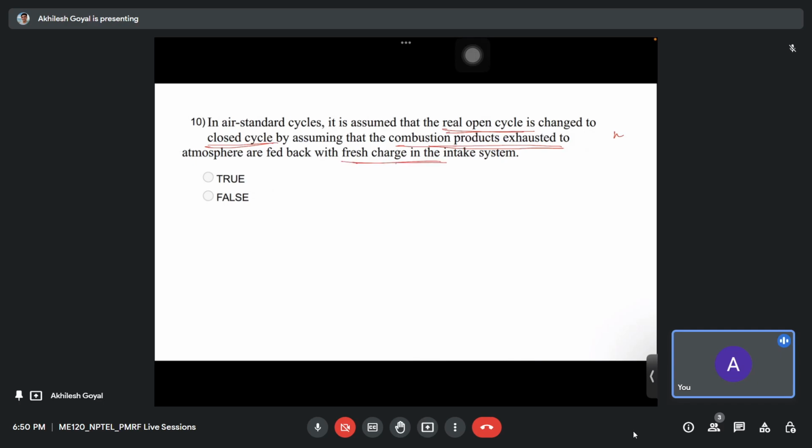Okay, so in all these air standard cycles, either the Otto cycle or the diesel cycle, the fresh air comes inside the cylinder, it is compressed, then burned, then exhausted. Okay, then a new fresh intake is taken.